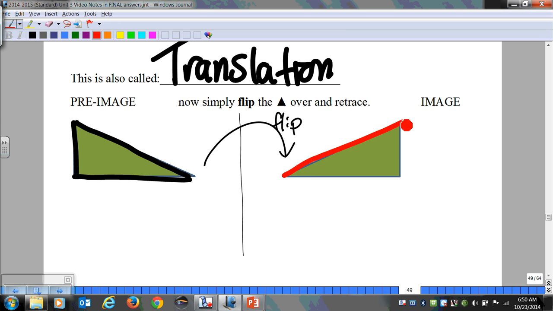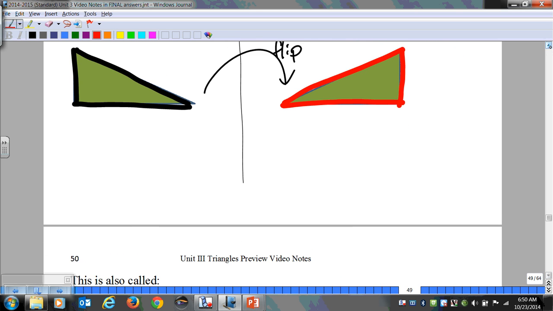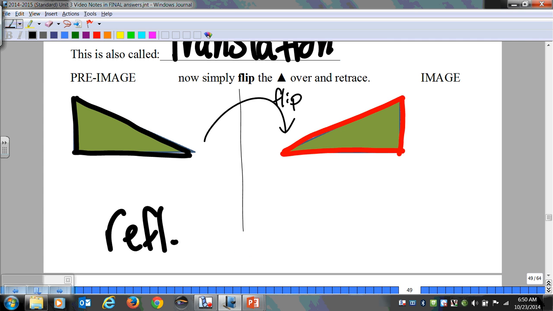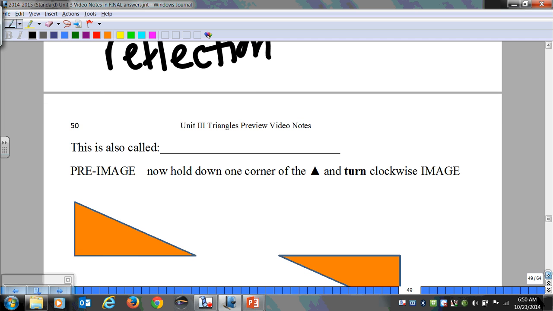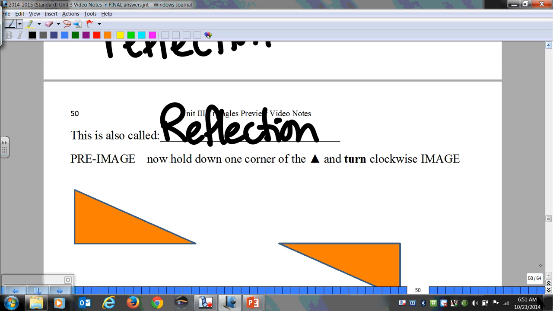If you flip it, you're going to end up with a triangle that looks like a mirrored image. That's your image on the right. That motion of flipping has another name besides flipping, and that is called reflection. Again, reflection, if you're flipping over a border.